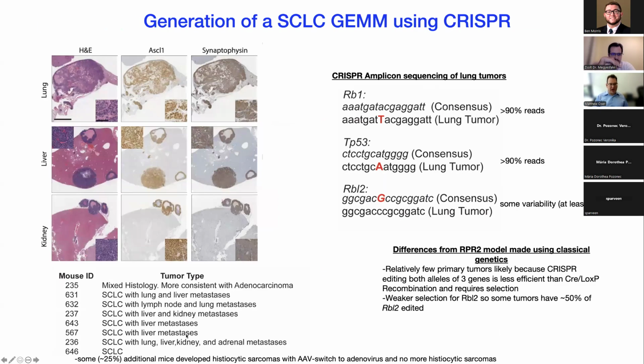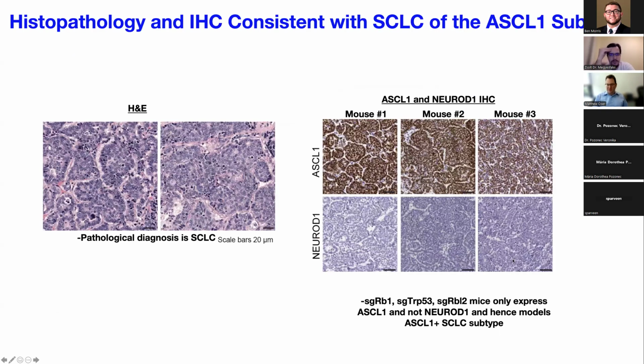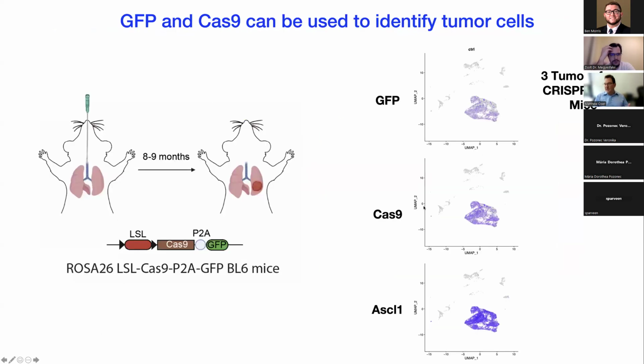Yeah, and so similar to the RPR2 model, these tumors homogeneously expressed ASCL1 and not any other markers of different subtypes. Here's just showing NeuroD1 as well. One interesting aspect of this model that we've taken advantage of, now that single cell sequencing technologies have come into play, is that the endogenous Cas9 transgene is linked through a P2A to GFP.